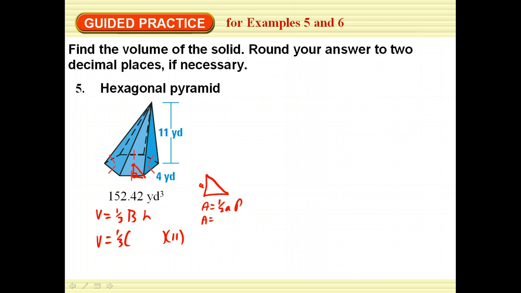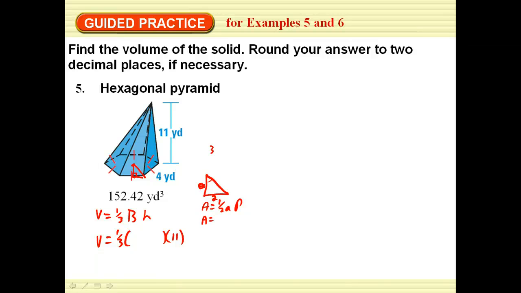To get my apothem, remember that this side will be half of the length of the entire side there, so that'll be 2. But that's the only figure I have, so I need this apothem over here. So what I need to find is either the length of this side in order to use the Pythagorean theorem, or I need this angle. Well, let's see if we can get that angle.